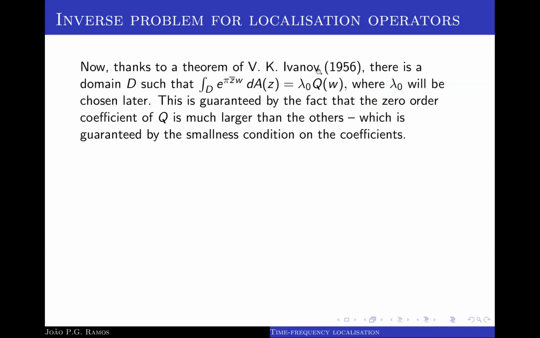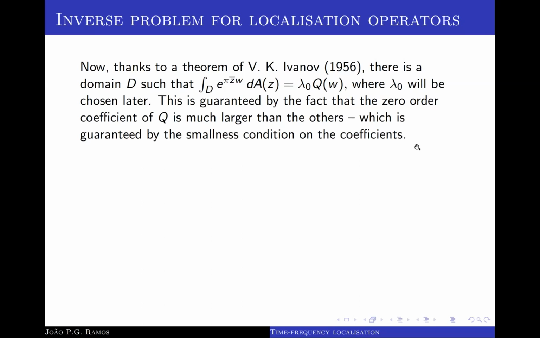First, we use the theorem of Ivanov, which says that if the polynomial Q is very close in a certain sense, if its coefficients other than the first one are very small, then we can find a domain D with this property, that basically a certain Fourier transform over D is equal to a certain multiple of this polynomial Q.